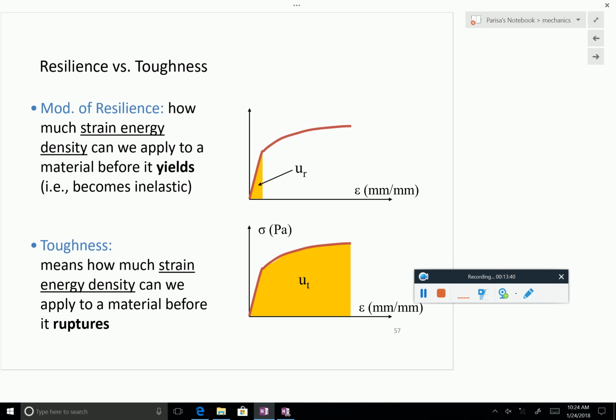Something that students sometimes make a mistake on is they think tough means strong. Because in everyday language, if someone is tough, he is probably very strong. Doesn't look like me. But toughness in mechanics of materials means that you are able to take a lot before failing.